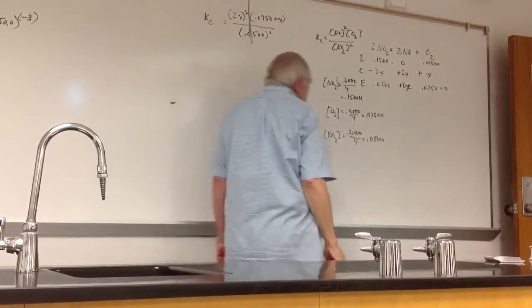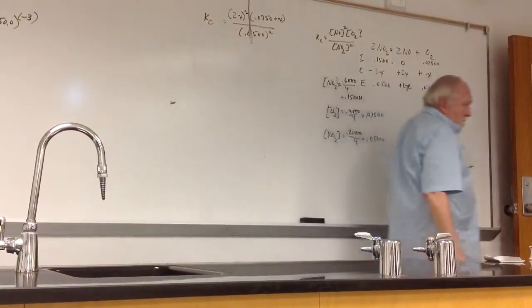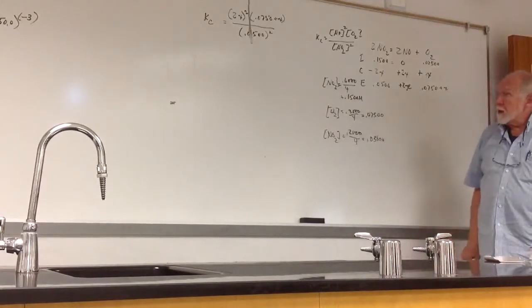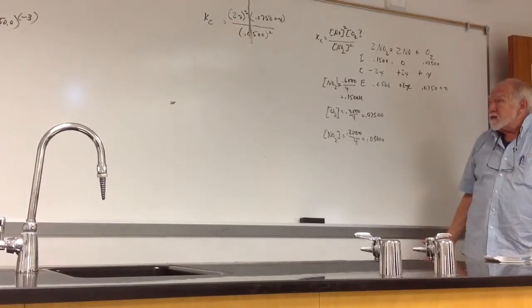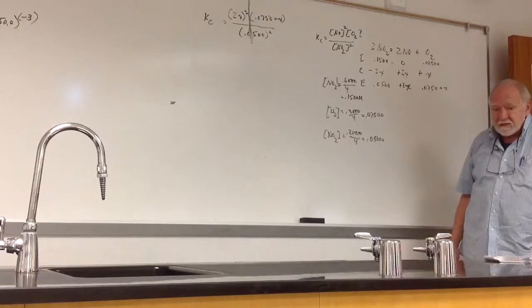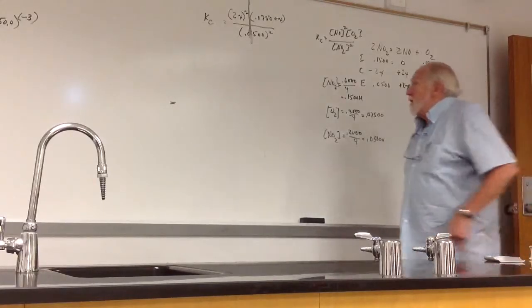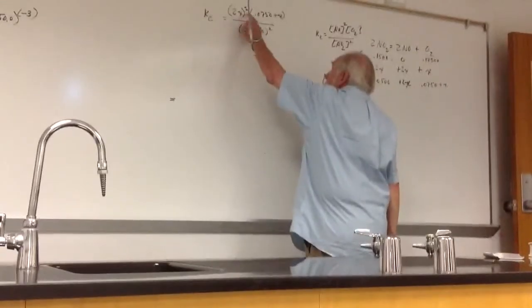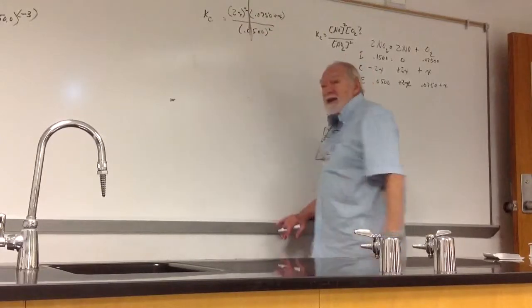Okay, so K sub C. Now the problem with this, of course, is if you're going to solve this, and I gave you the number for K sub C, this thing right here would be what? A cubic equation in X.